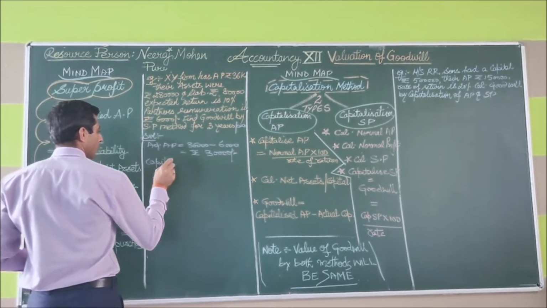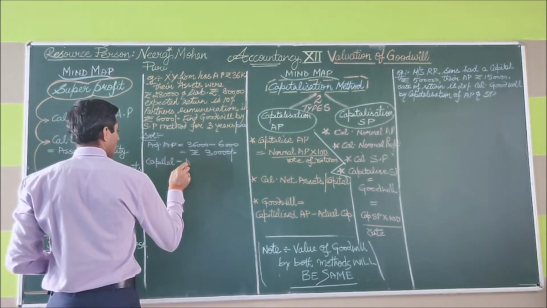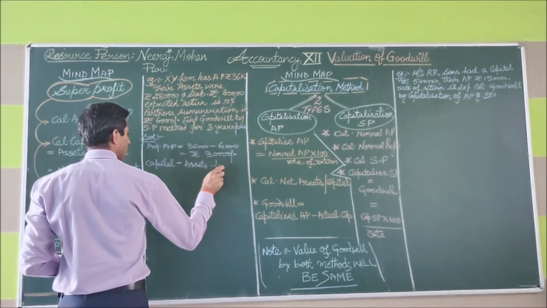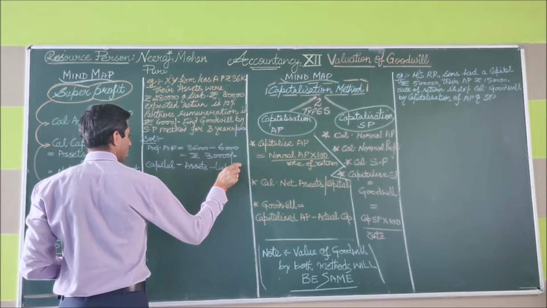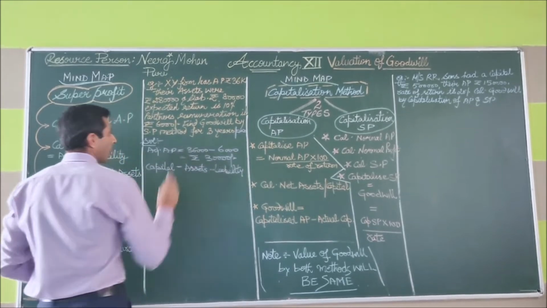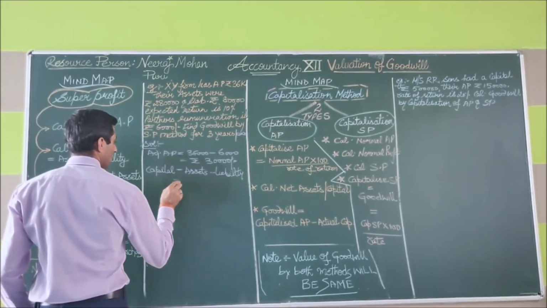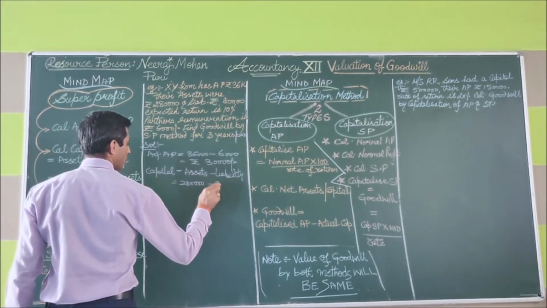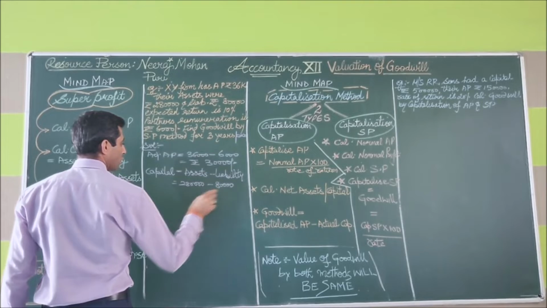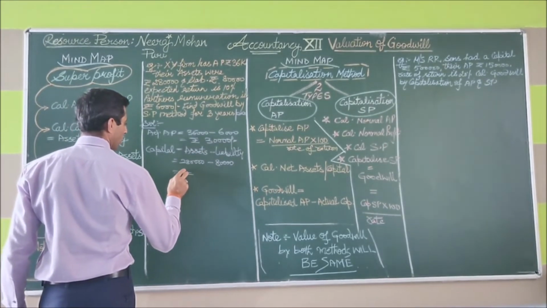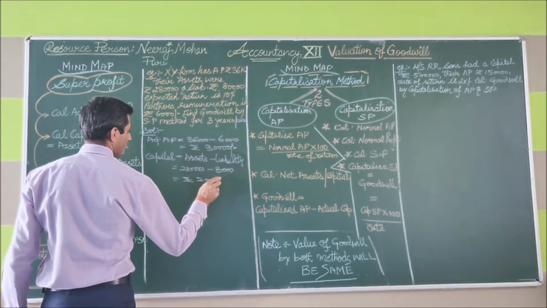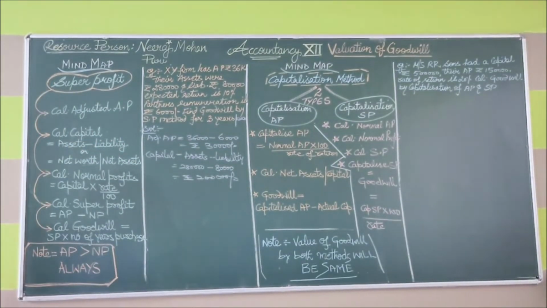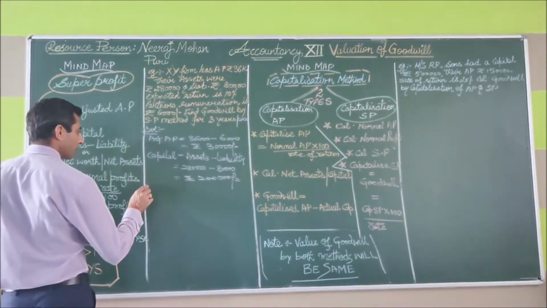Capital is equal to assets minus liabilities. Assets value is 2,80,000, minus liabilities of 80,000. So the net answer is rupees 2 lakh. Step number 3, we have to find the value of normal profits.